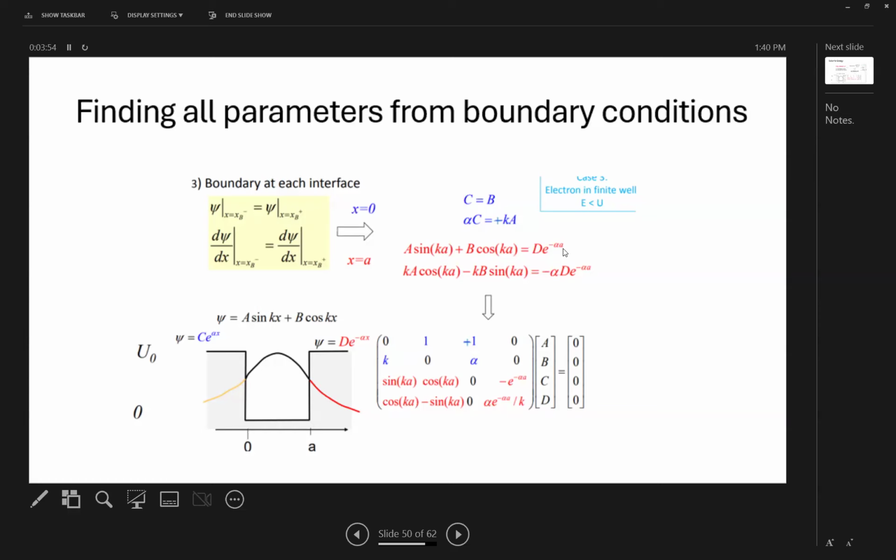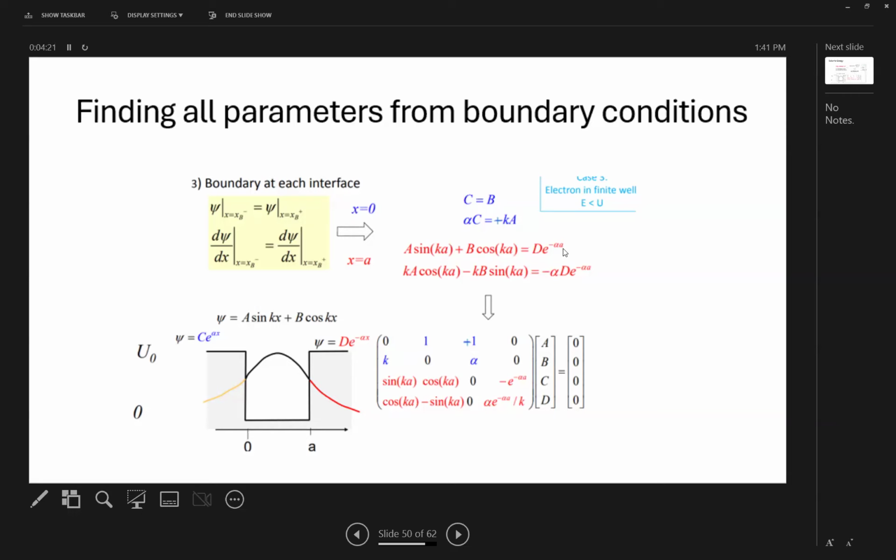Now here, the value of k and the value of alpha are both dependent on energy, with a small change. The value of alpha is related to the potential energy minus the electron's total energy, and the value of k is related to the electron's total energy minus the potential energy.